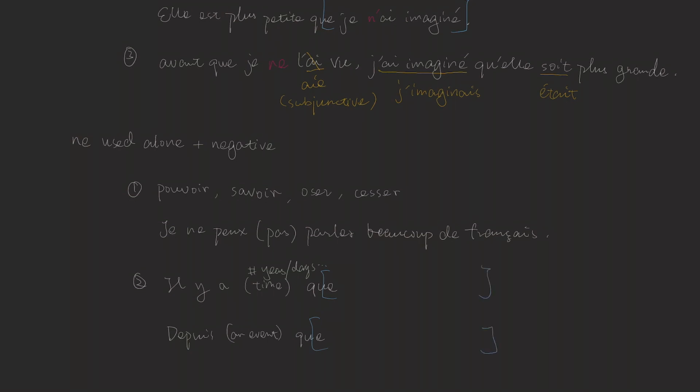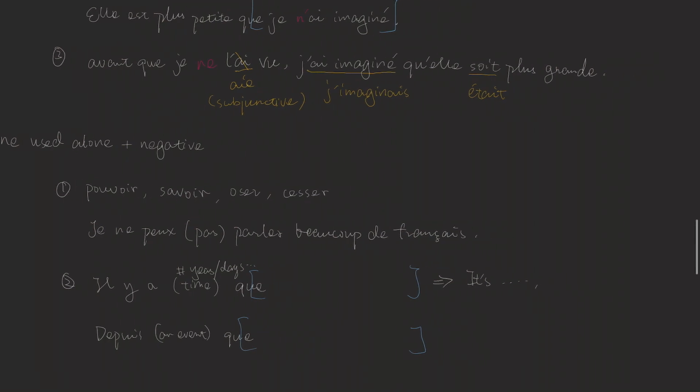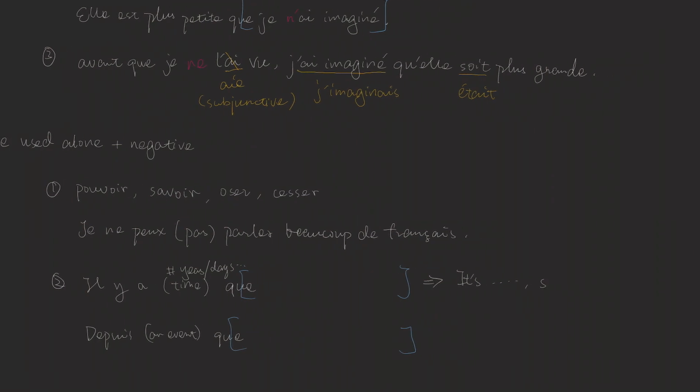Right. So I would translate this into the amount of time, like, for example, something has happened. It's like the present perfect tense. This one is like since something happened, another thing has happened.